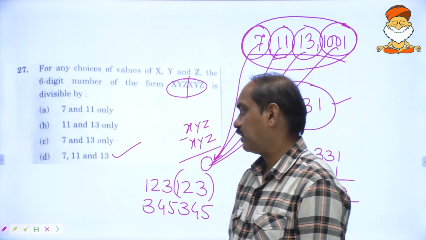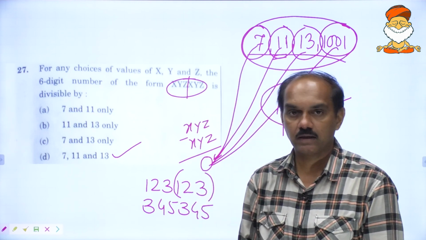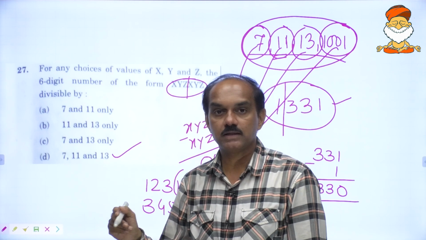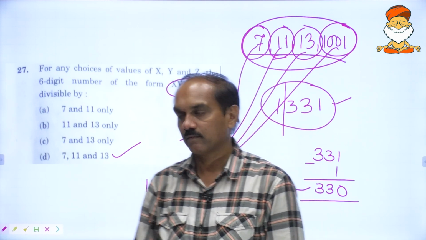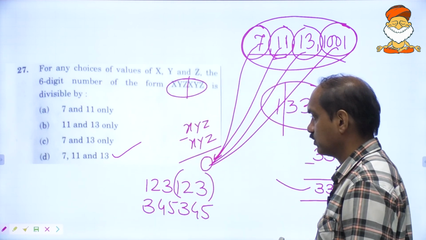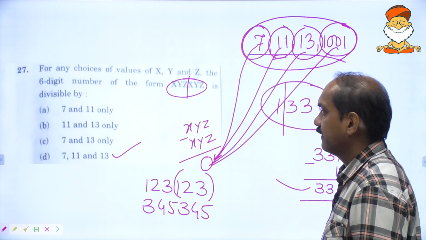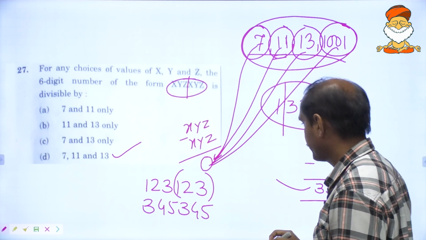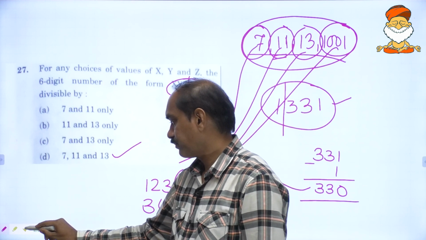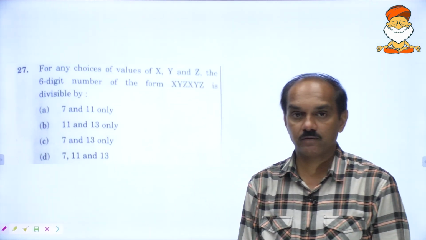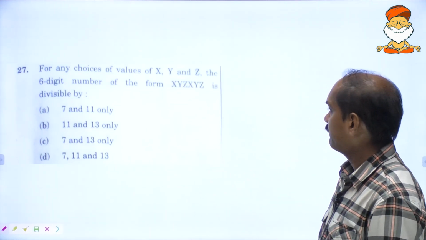So it is not just 7, 11 and 13 as he is mentioning here. It is also 1001. 1001 will also join the same group. This is everything about this problem. This is a problem on divisibility of numbers. Moving on to the next one.